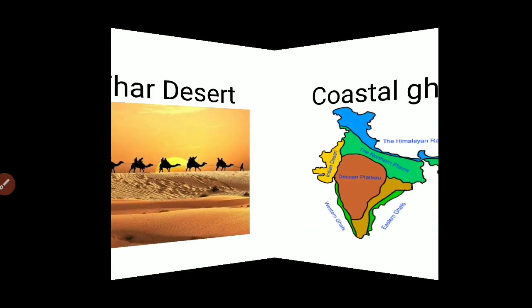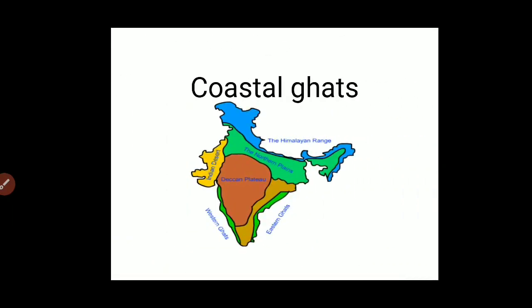Next thing is the coastal ghats and the island. Now here you can see the western ghats here below the Deccan Plateau, and the eastern ghats towards the bottom of your map. Now the strips of land along with the eastern and western ghat form the coastal ghats.